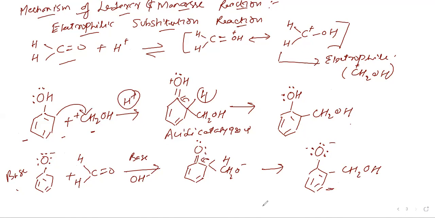Now, as I said, if you take excess of formaldehyde, right, disubstituted and tri-substituted products will form, which will undergo intermolecular condensation, right, to form polymers. Let's look at the formation of polymers.